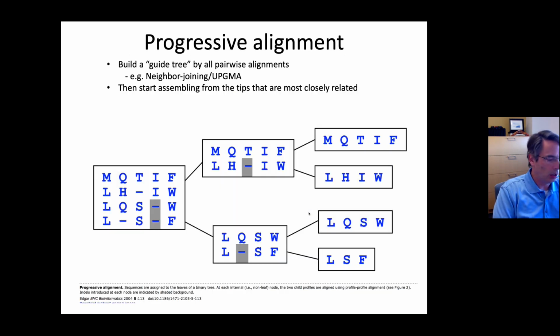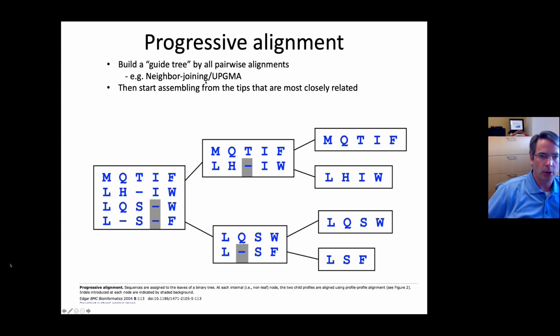So how does this work? I'm basically just going to show you progressive and iterative because these are the foundational elements for both MUSCLE and MAFFT and what makes them fast.